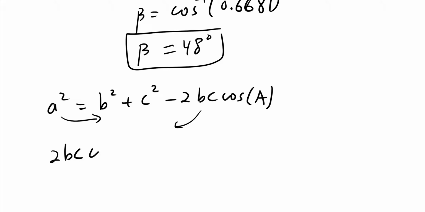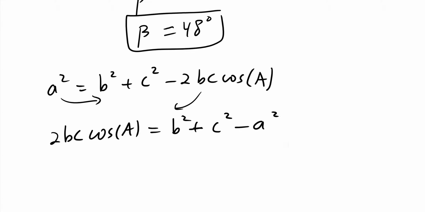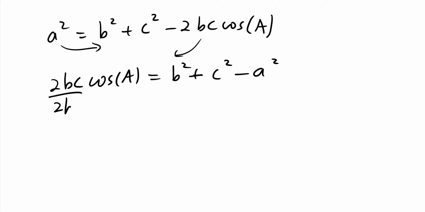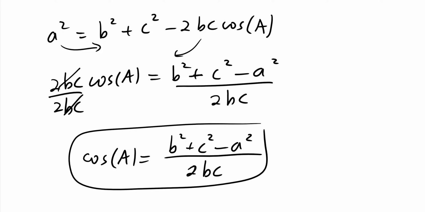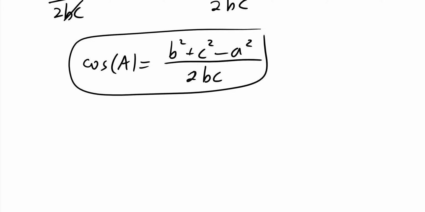So that thing comes to this side. Keep b squared plus c squared the same, subtract a squared. Then divide everything by 2bc. So that gives me cosine A equals b squared plus c squared minus a squared over 2bc. That's cosine A.